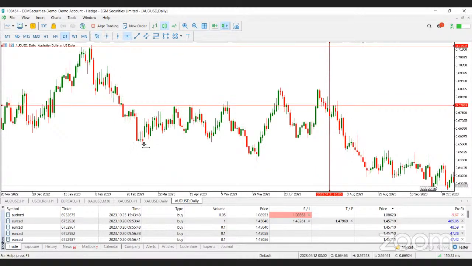And also you use the same horizontal line at this point. So the market was coming at this point and then it was dropping down. It came for the second time, it dropped down. For the third touch, you could have taken a clean sell position.